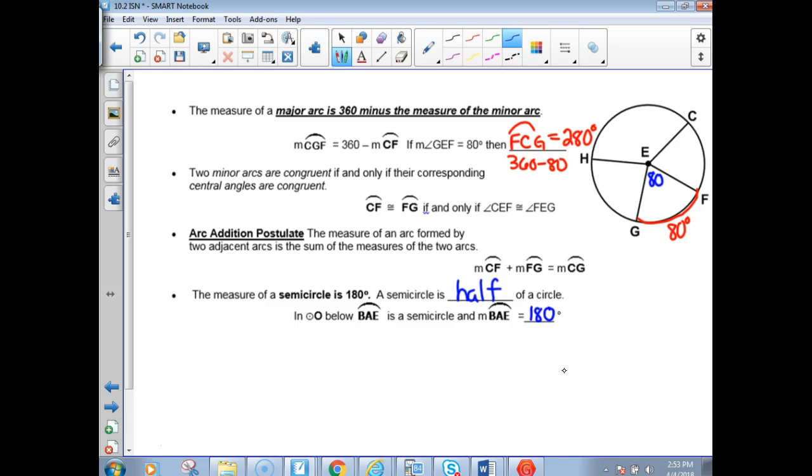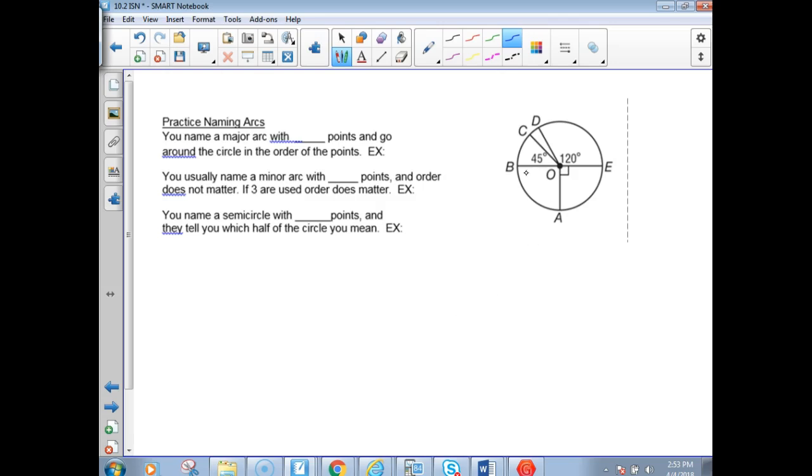I'll highlight BAE. That is 180 degrees, half a circle, a semicircle, and it's the bottom half.